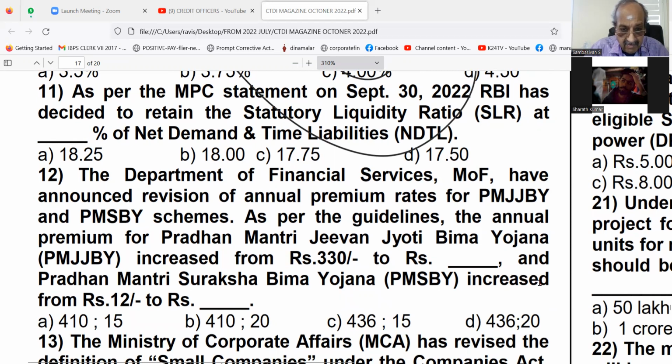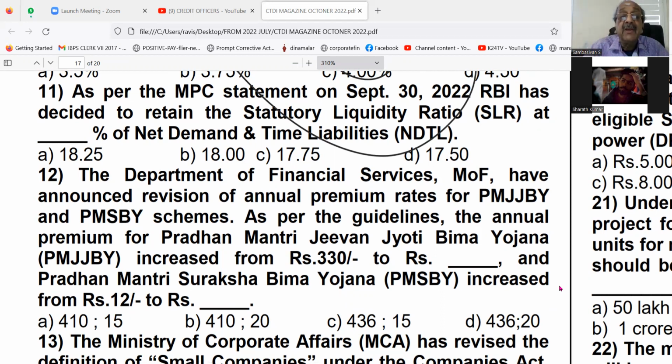As per the guidelines, the annual premium for Pradhan Mantri Jeevan Jyoti Bima Yojana increased from rupees 330 to rupees dash, and Pradhan Mantri Suraksha Bima Yojana increased from rupees 12 to rupees dash.